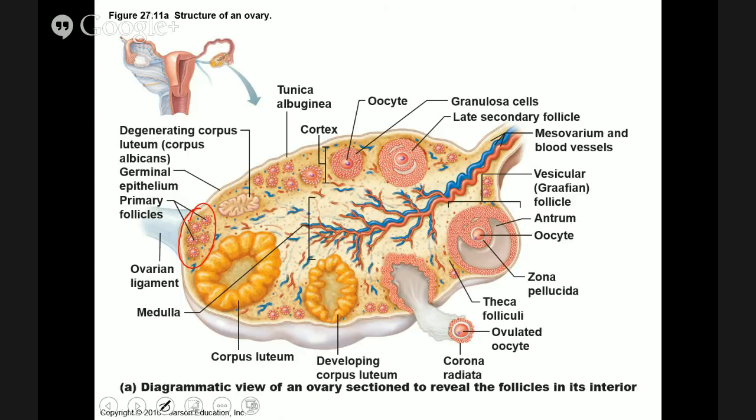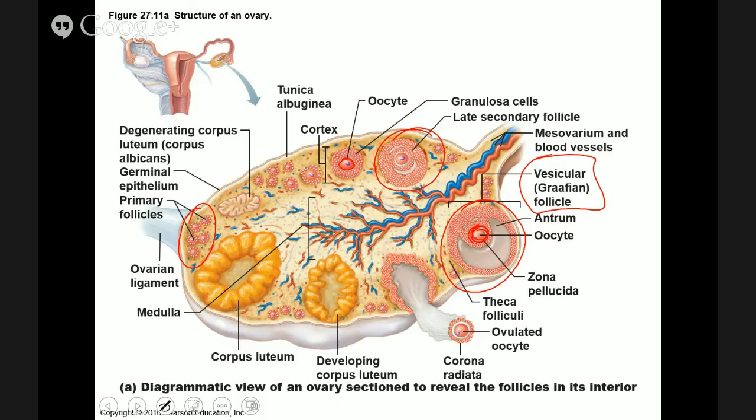It goes from a primary follicle to a secondary follicle, which we see here, and it keeps getting larger. The egg itself gets a little bit larger, but it doesn't get all that much larger. It's everything surrounding the egg that gets larger. Then it becomes a vesicular or Graafian follicle. But here's the oocyte. This is the prized possession right here in the middle, because that contains the genetic information.